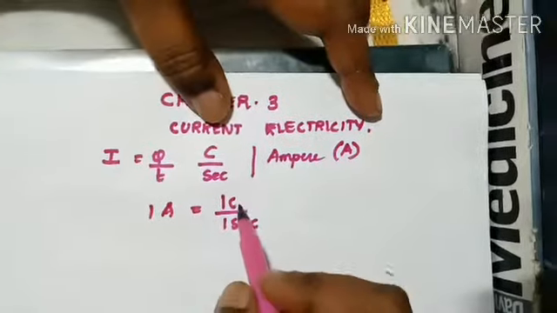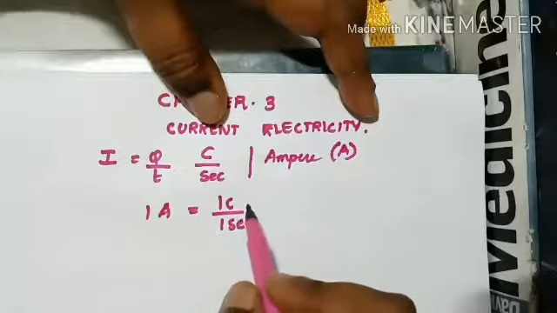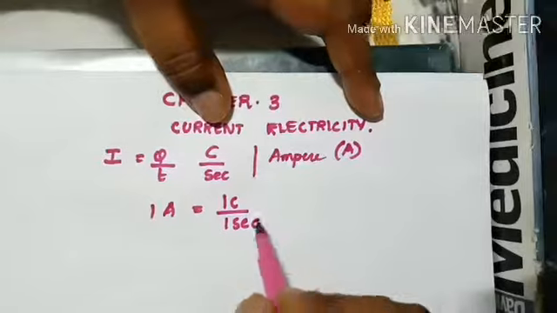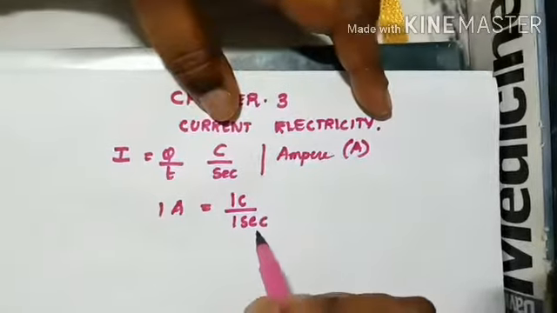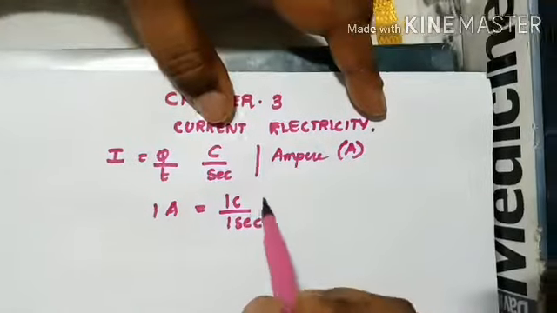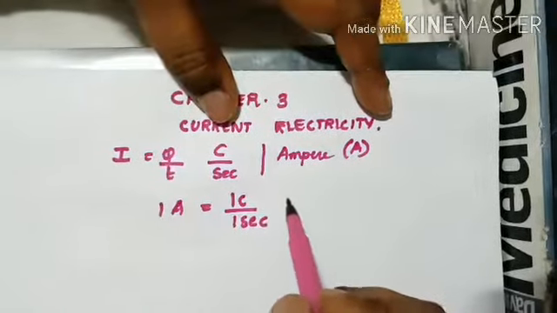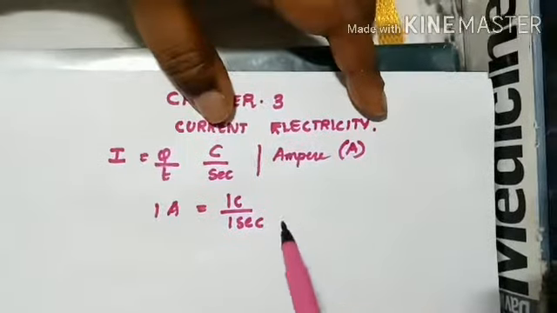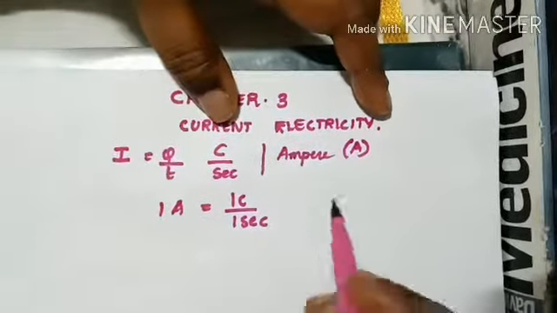It is the current flowing in the circuit when 1 Coulomb of charge flows through the circuit in a time interval of 1 second. I hope you remember the definition. This you might know.